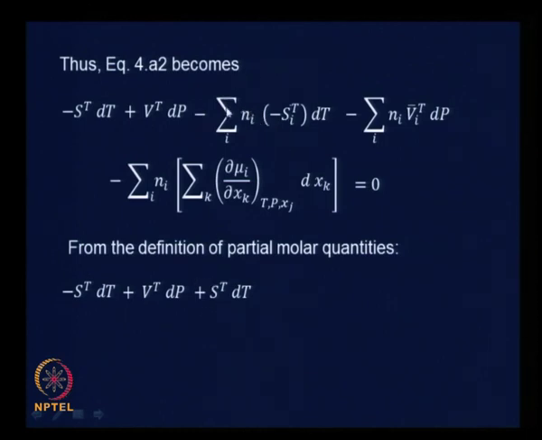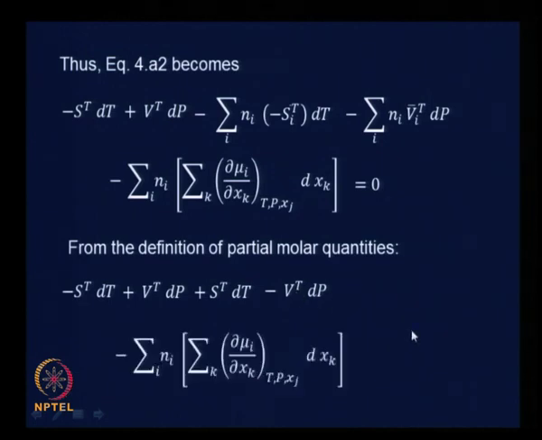The total entropy of the system gives St dt, and by the same argument, this is nothing but Vt, the total volume of the system, Vt dp, and this term is the same, minus sum over Ni times sum over dou mu i dou xk at constant T, p, xj, dxk.